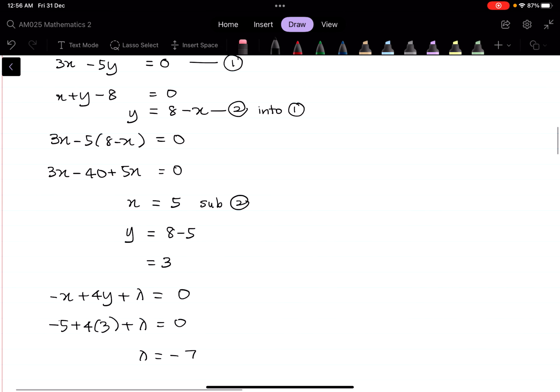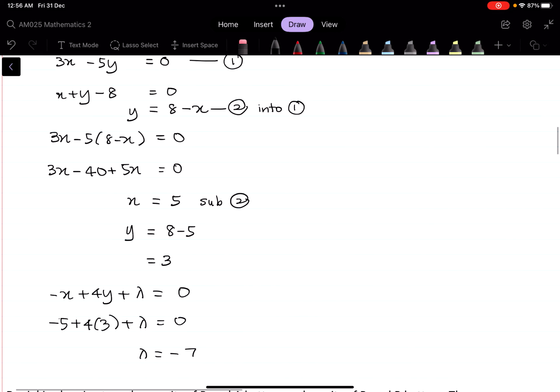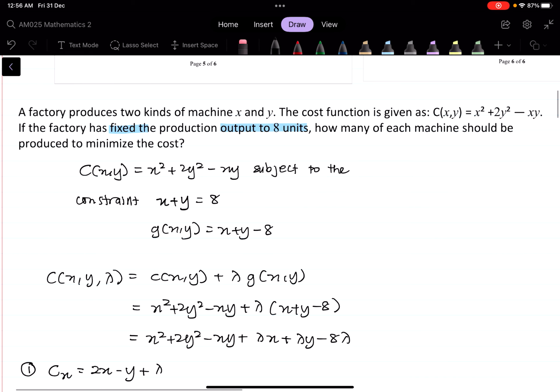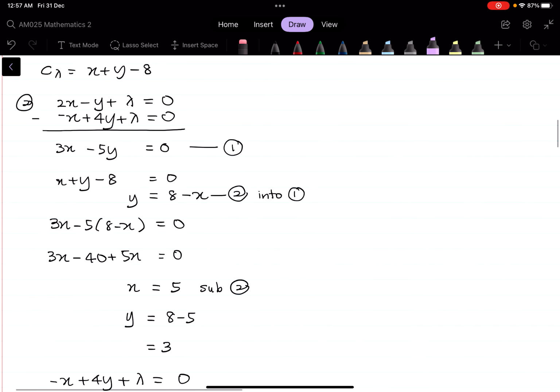What we understand from here is we have a minimum point. How do we know it is a minimum point? From the words 'minimize cost'. So we have a minimum point.